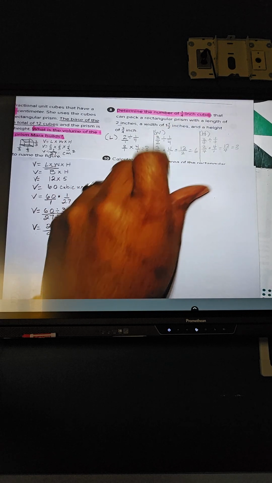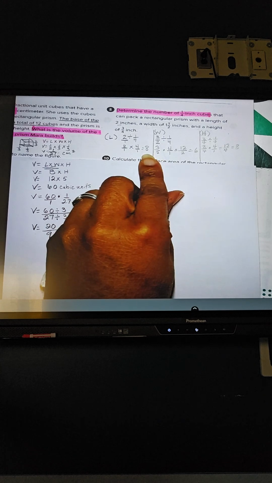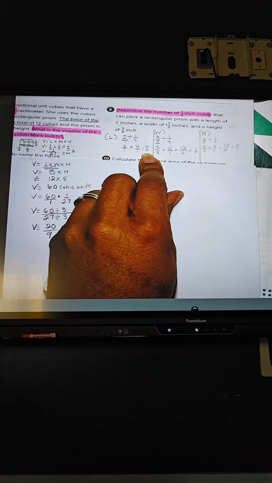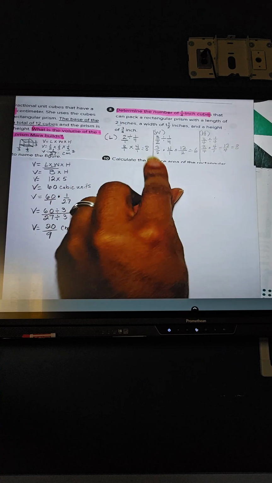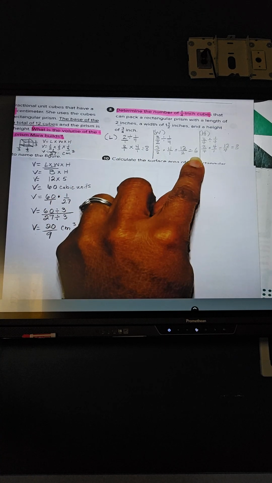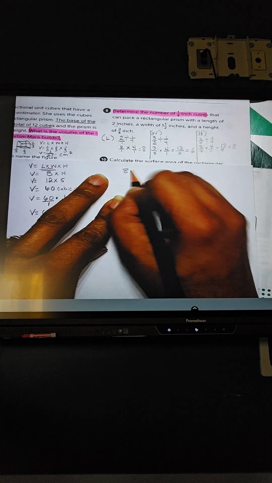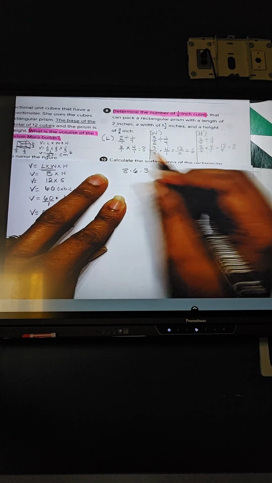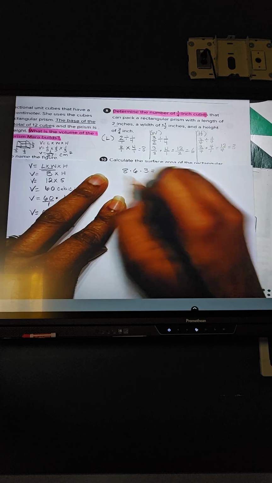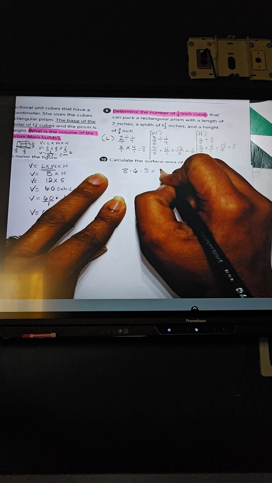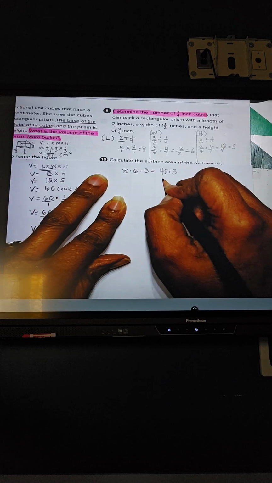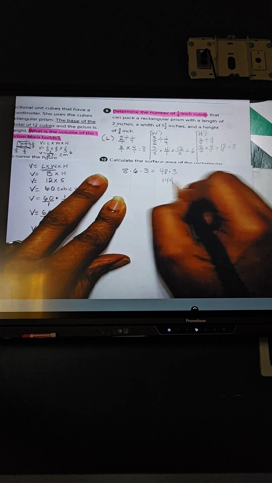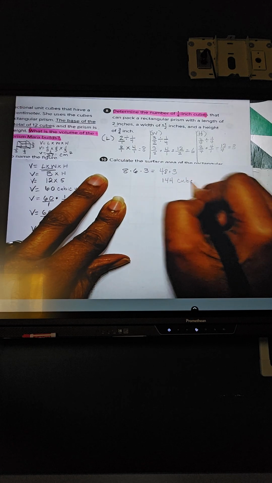Okay? So for us to find out how many there are, we actually have to multiply, go back to volume equals length times width times height. 8 times 6 times 3 equals 48 times 3, which equals 144 cubes.